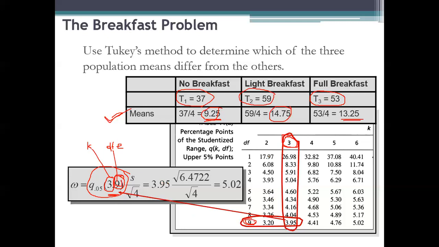The degree of freedom of error is also referred to as within groups, or the denominator. So for degrees of freedom 3 and 9, you will get 3.95.